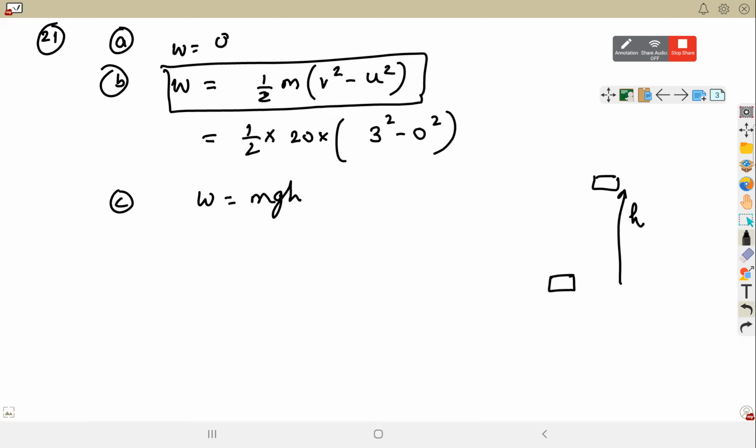Yes, this will be mgh. M is 20, g is 10, and h is 0.5.